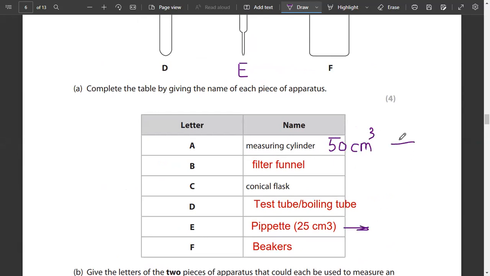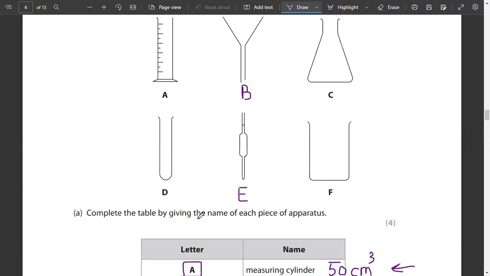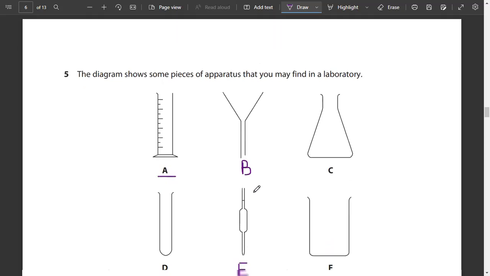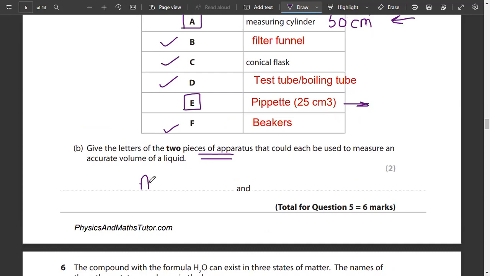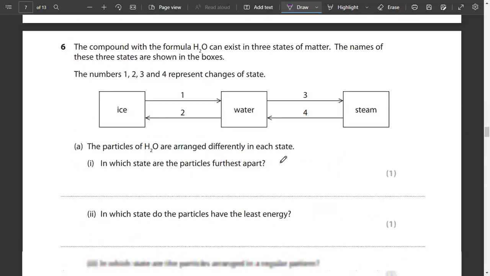Whereas conical flask, filter funnel, test tube और ये F जो beaker है, they do not have any markings. Only A and E can measure specific volumes. तो आपके पास आंसर हो जाएगा A and E would be your correct answer.